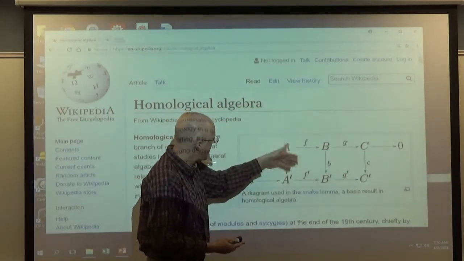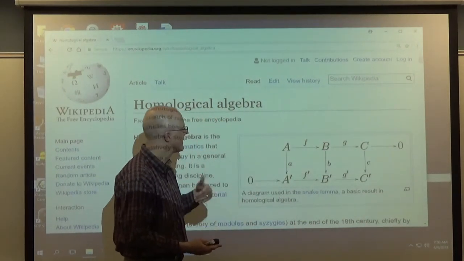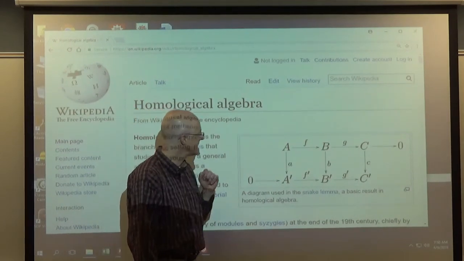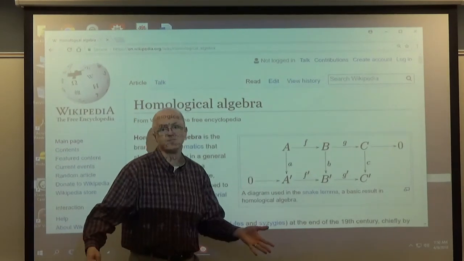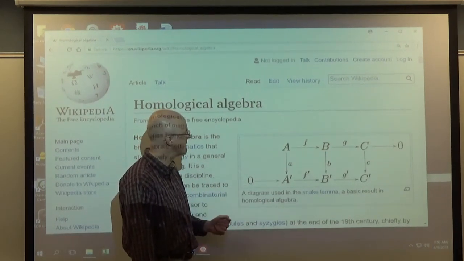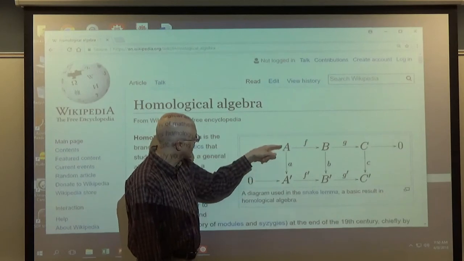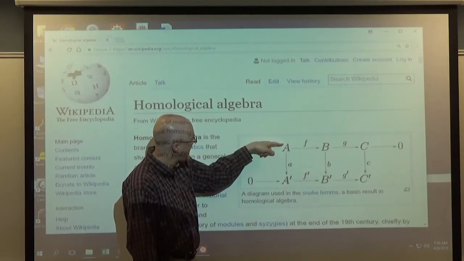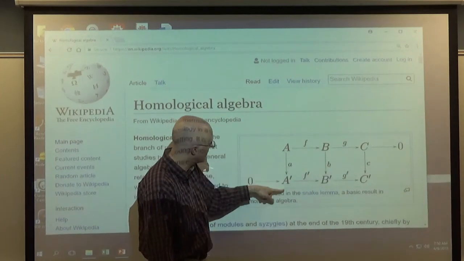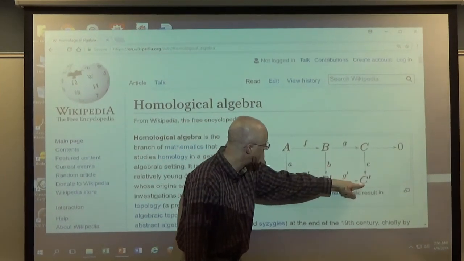The zeros, the A, B, C's, A prime, B prime, C prime, those are all groups, or more general algebraic objects. And the arrows are all homomorphisms, essentially. Maybe isomorphisms. They could be onto, they could be one-to-one. For example, if you start up at capital A and you apply the mappings in the orders that you see here, apply little a first, then F prime, then little g prime, you'll get over here.